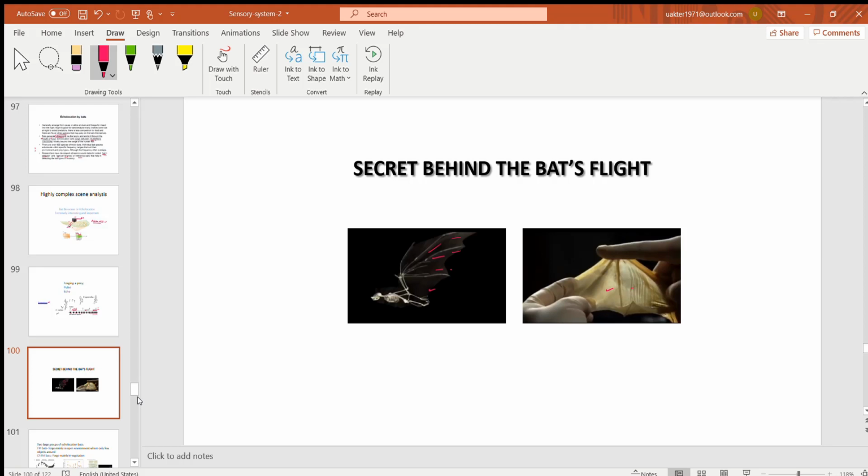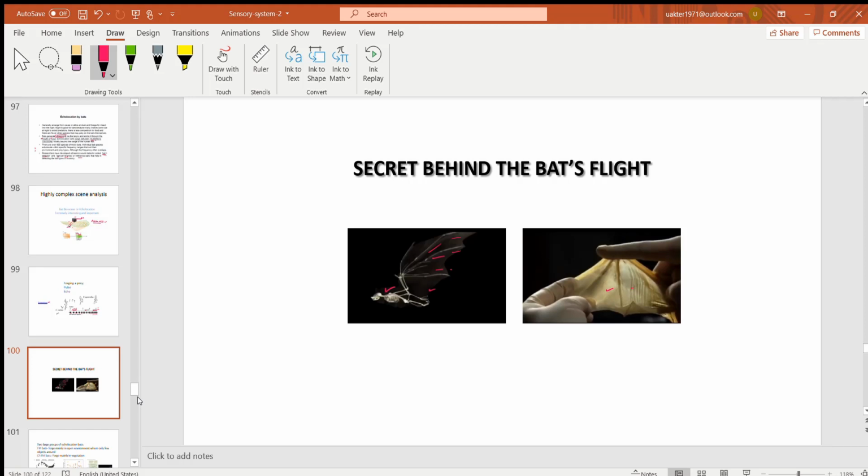Okay, two things. One is the light skeleton. The skeleton is very light, and the large finger bones, or phalanges, make the wings broad, and that also helps them to fly without spending a lot of energy.